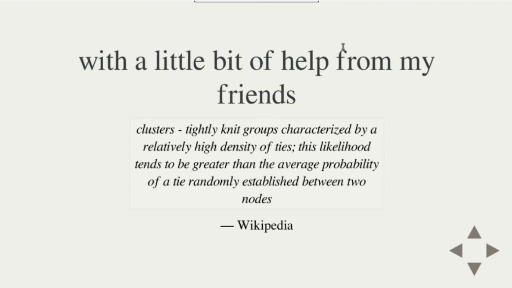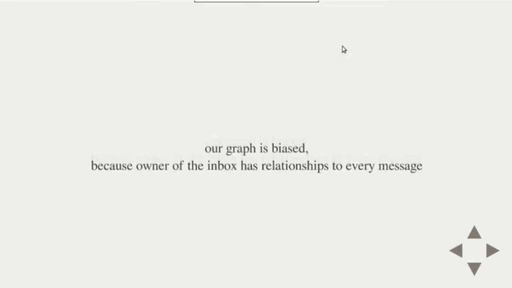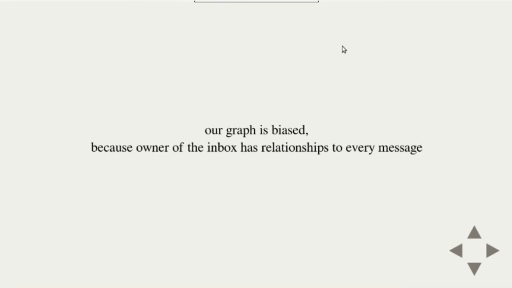The first thing, I can try to find clusters. So the groups of nodes which are tightly clustered together, basically where the number of relationships within these nodes is dense. How do you do it? The one thing you need to know is that our graph is biased. Okay, I'm on every email.